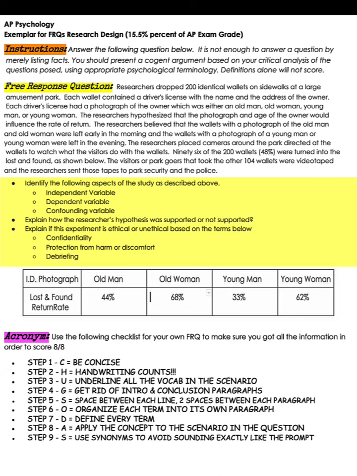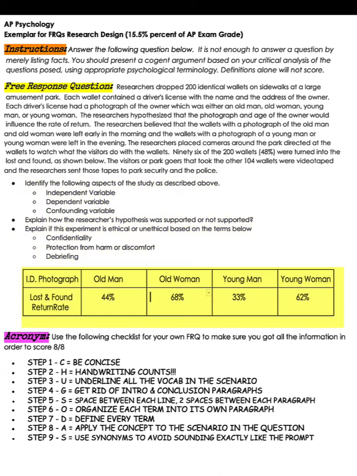Within ethics, confidentiality, protection from harm or discomfort, and debriefing were all matters that came up in this particular experiment. So they need to be defined and spoken about in relation to the experiment with the wallets.